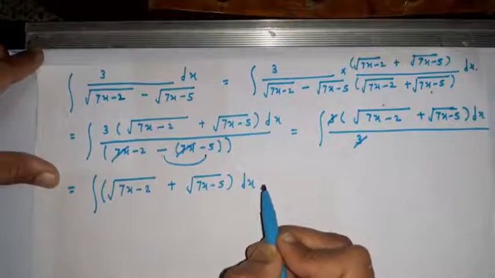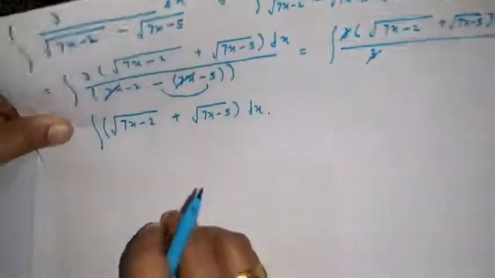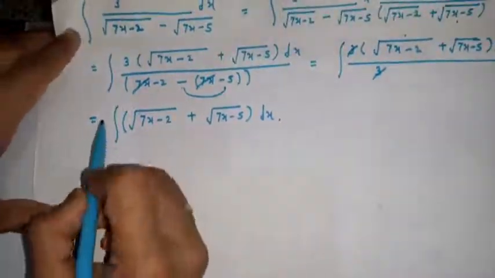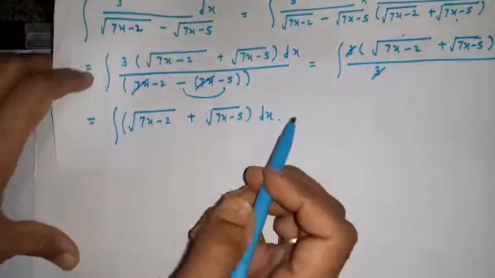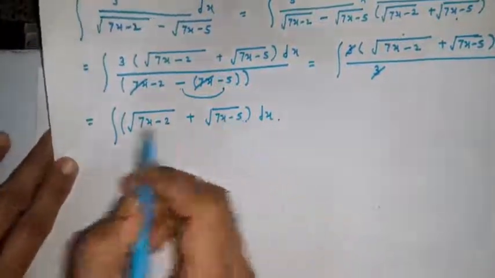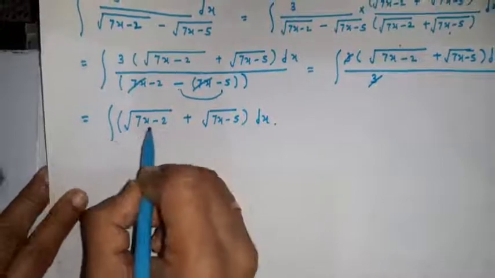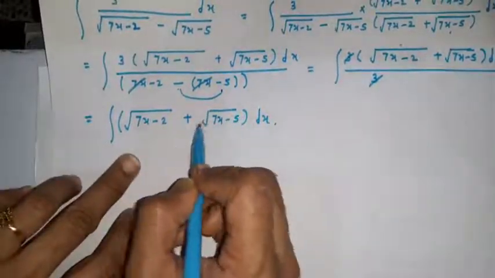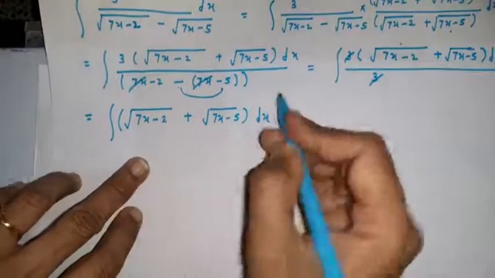So students, these are the methods to simplify the integral. Now after simplifying the integral, we can integrate. The terms are separate, and we can take the integration of each term separately.